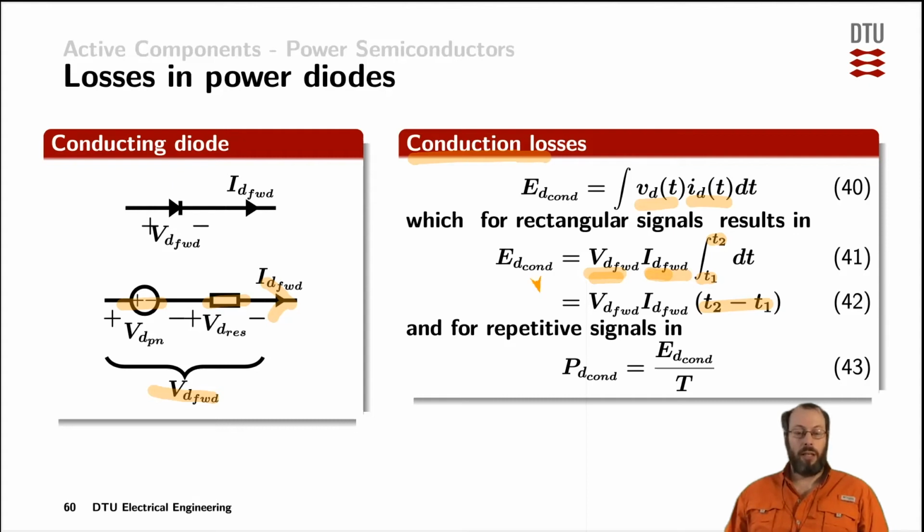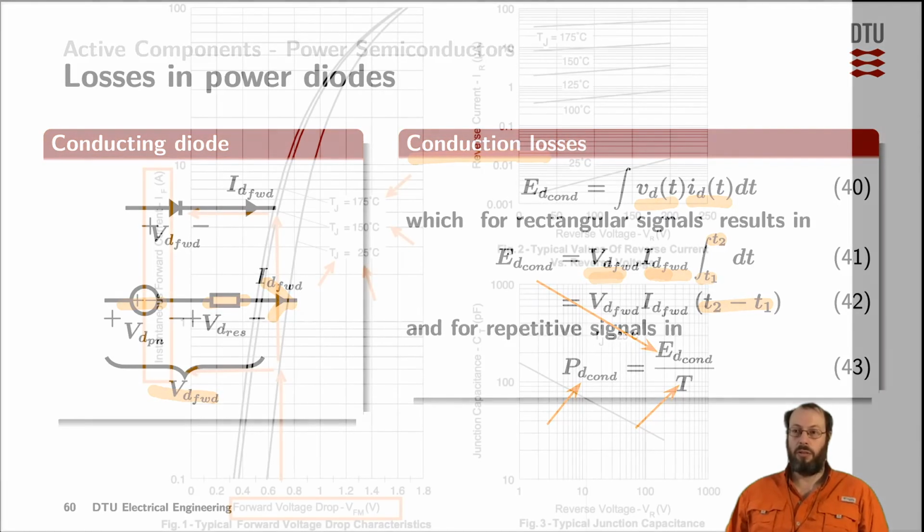Finally, we can derive the power by taking the energy that we've just derived and averaging it across the time period T the converter is operating with, and we end up with the conduction losses in a diode, indicated by the indexes D for diode and con for conduction, in equation 43.